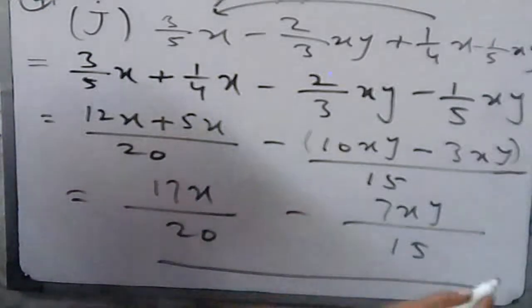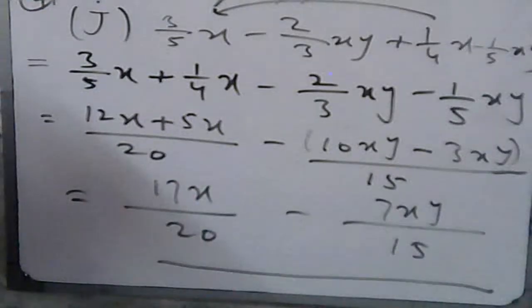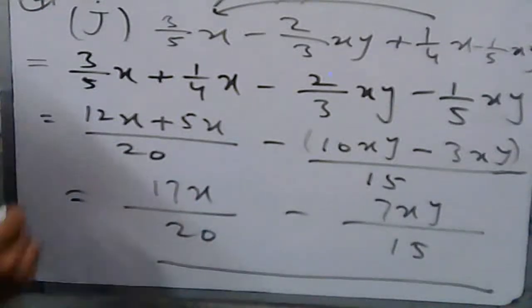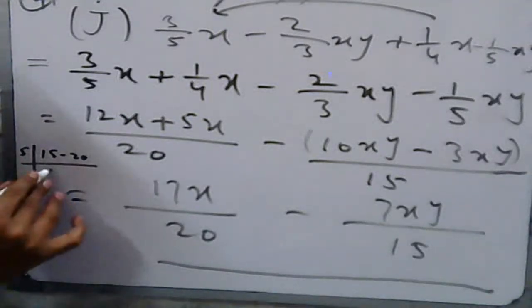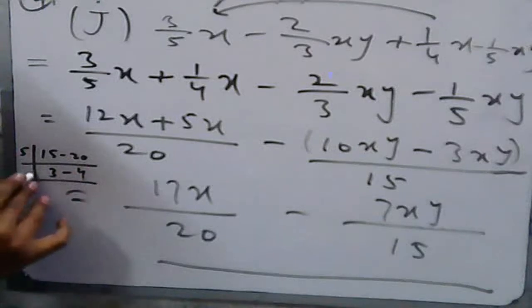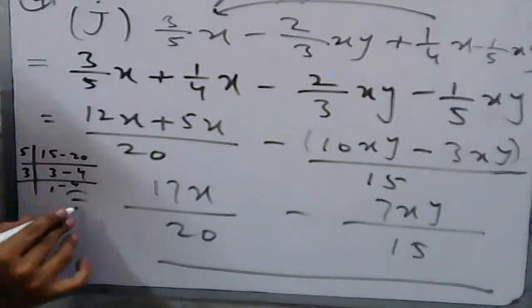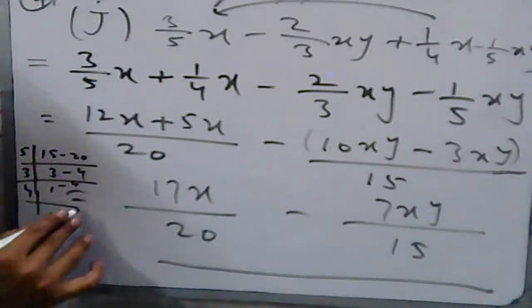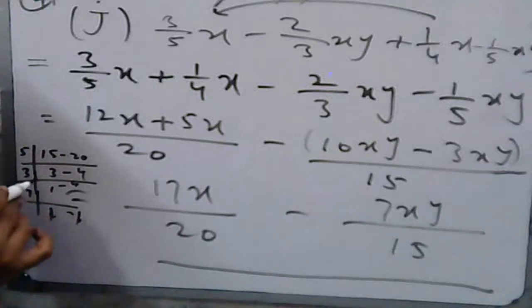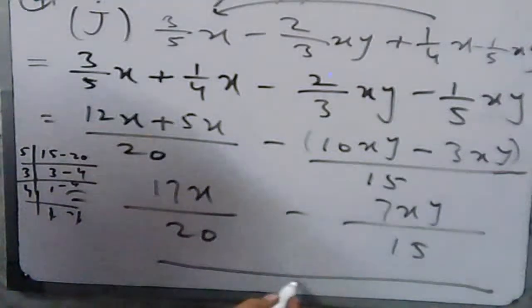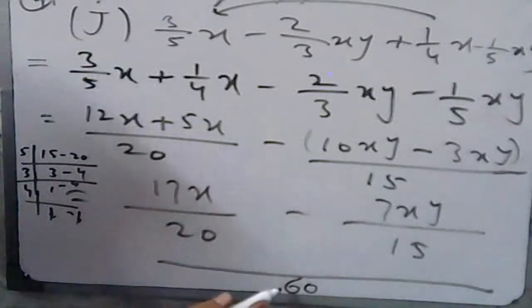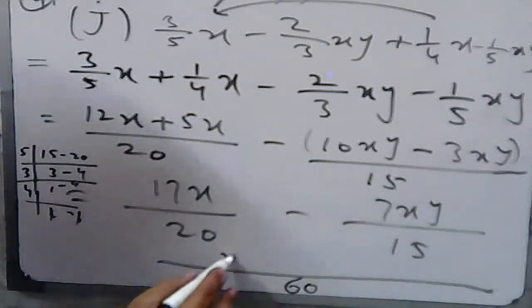Now again you can take LCM in further steps. What is the LCM of both 15 and 20? 5 threes are 15, 5 fours are 20, 4 threes are 12, 12 fives are 60. So 60 is your LCM.